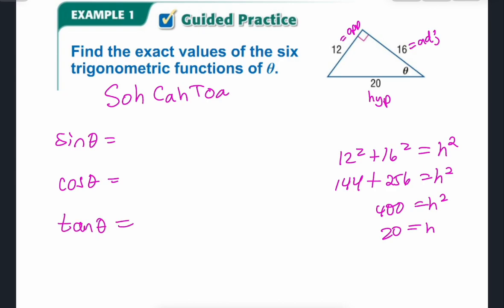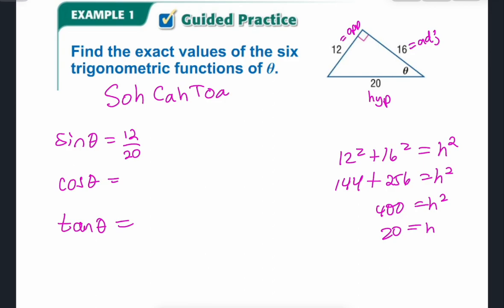I always write it in that order because then you're going to memorize it and use that SOHCAHTOA idea to help you. Okay. Now remember, sine is opposite over hypotenuse. So where our angle is sitting, our opposite is 12. Our hypotenuse is 20. This is 12 over 20.